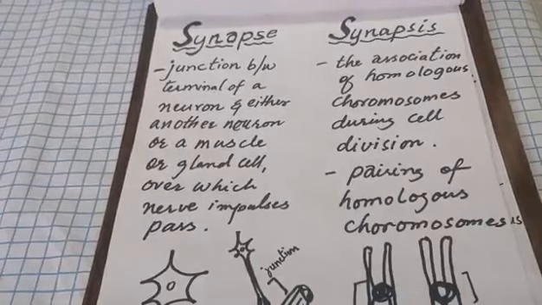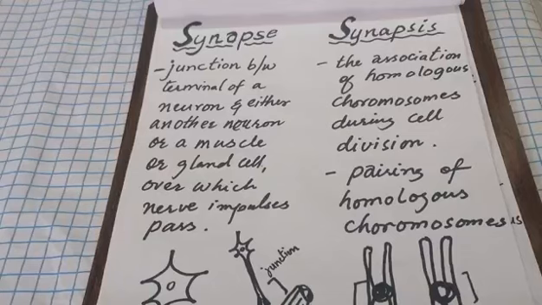Another word is synapse. As you can see, there are two spellings: S-Y-N-A-P-S-E, S-Y-N-A-P-S-I-S. The first, synapse, is basically a junction between neurons. Neurons have information in the form of neurotransmitters.